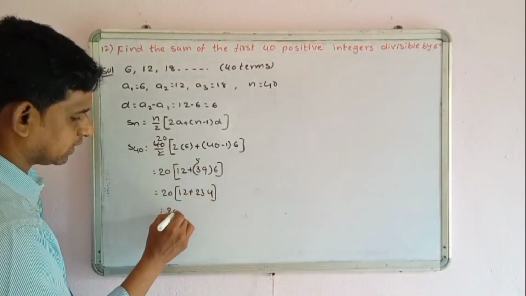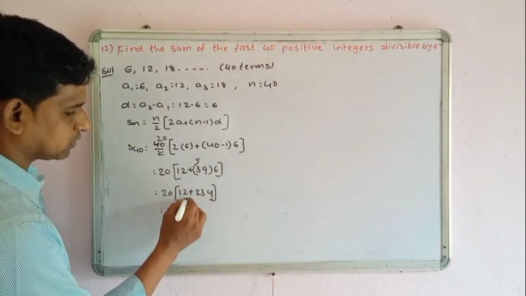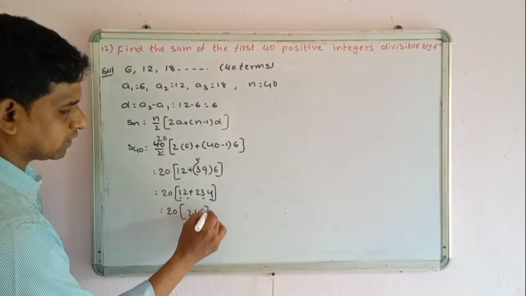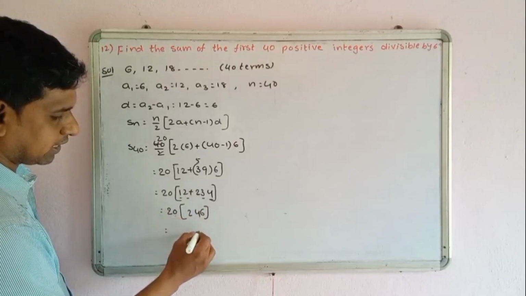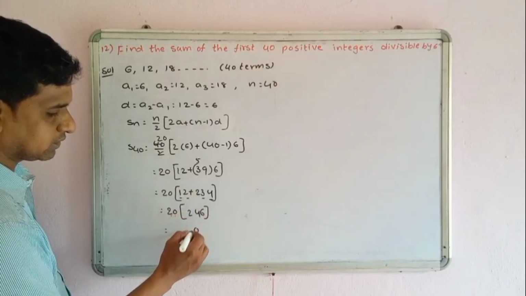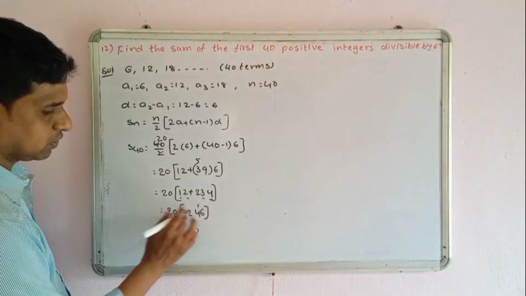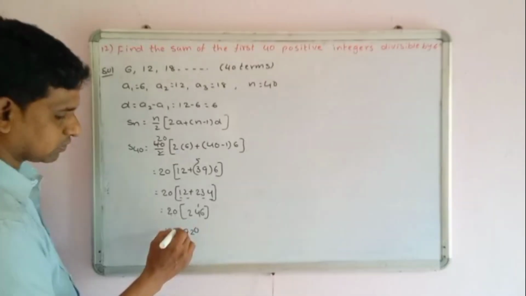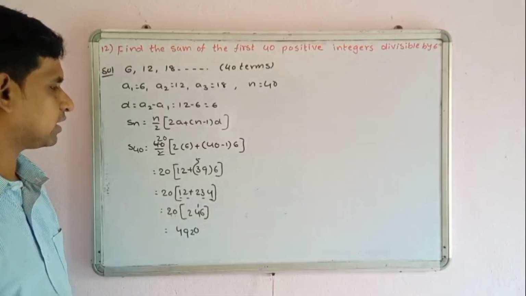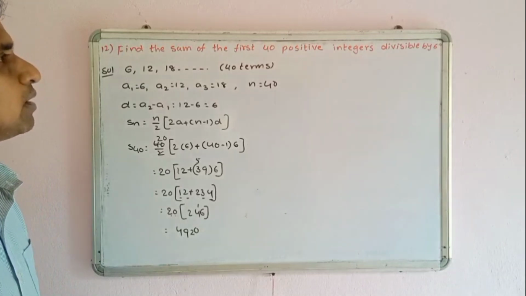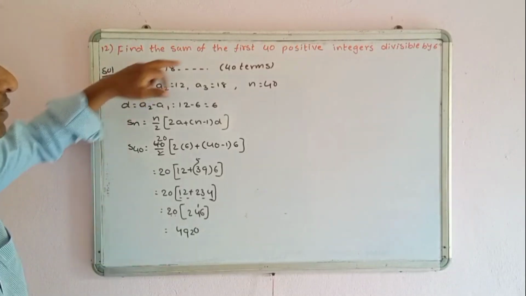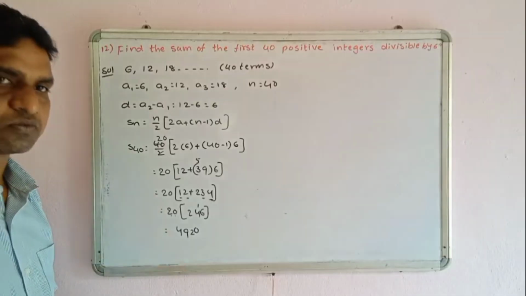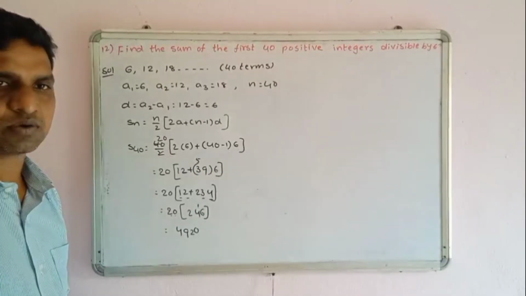That equals 20 into 246, which is 4920. The sum of the first 40 positive numbers divisible by 6 is S40 equals 4920.